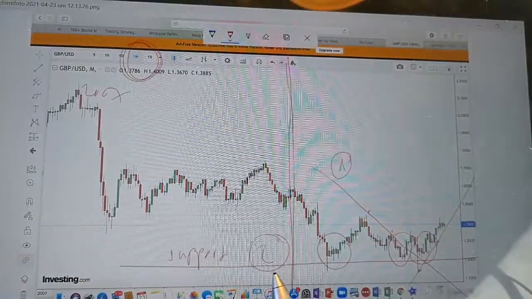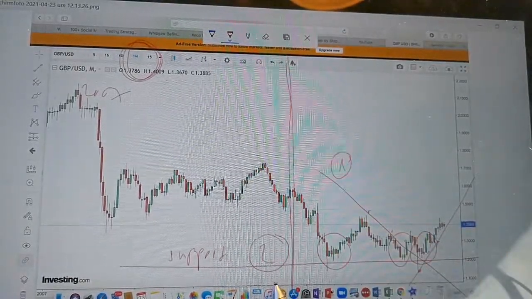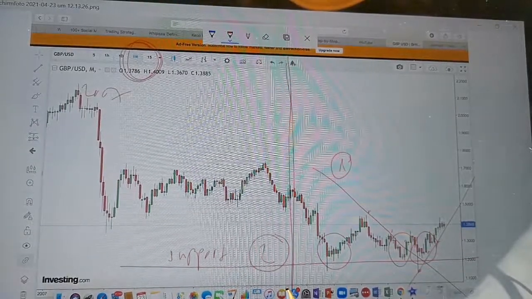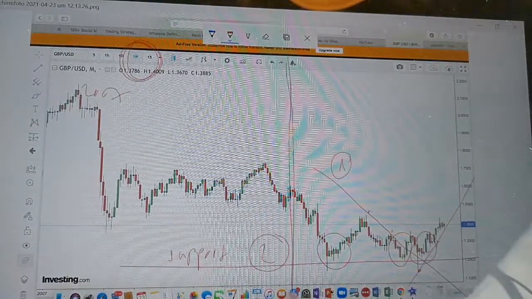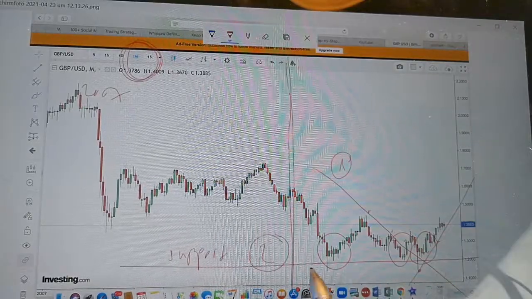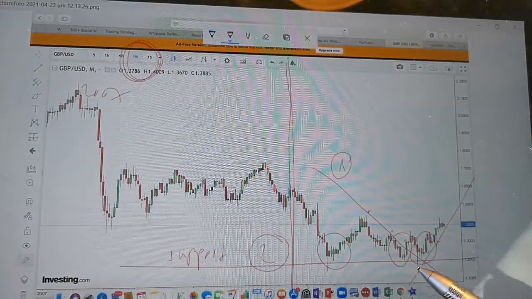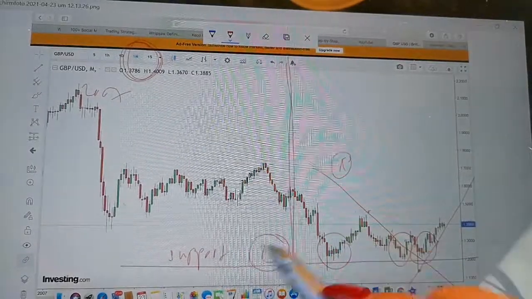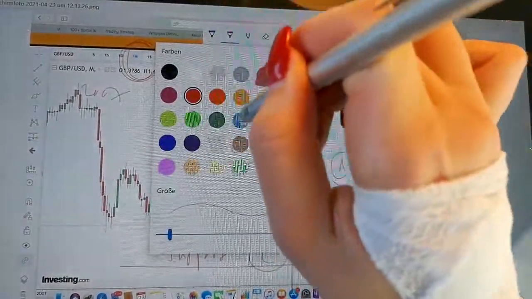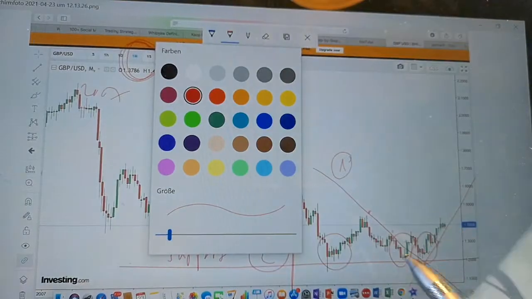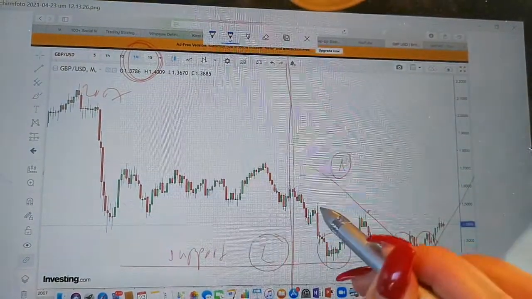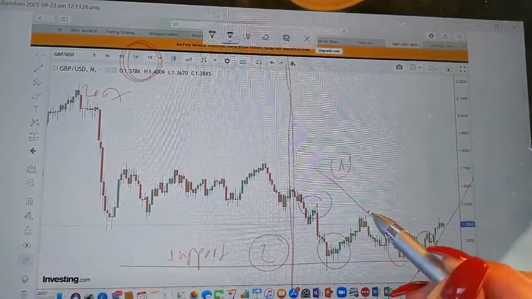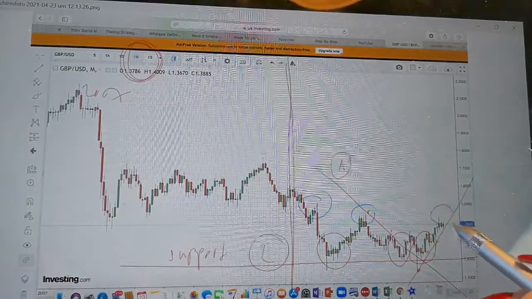And this leads to my second question. The second question is always, are there any support and resistance lines? As I said, that's a support line. That means people don't want to go lower than the support line. And resistance is a similar scenario. People struggled here, here, and here.